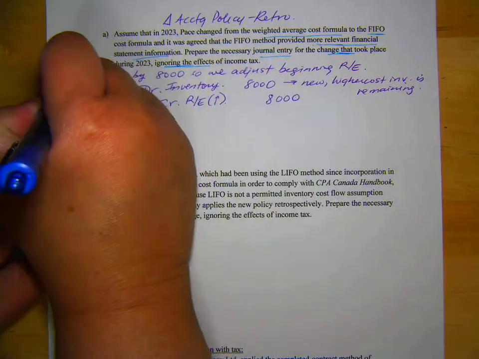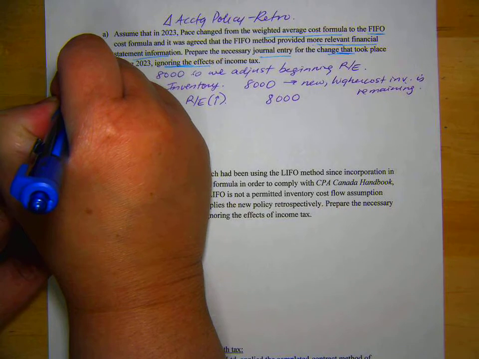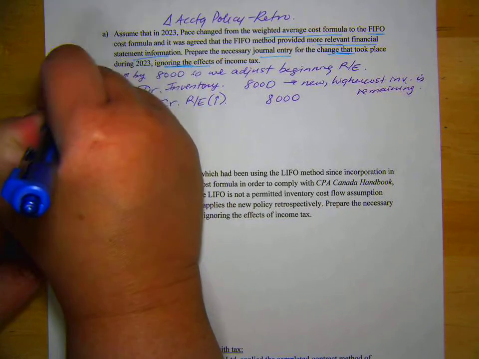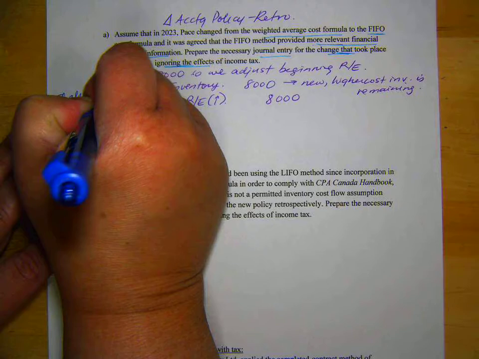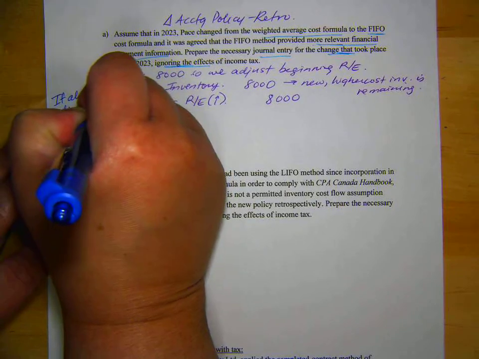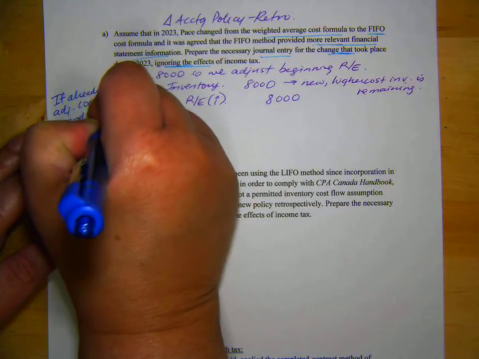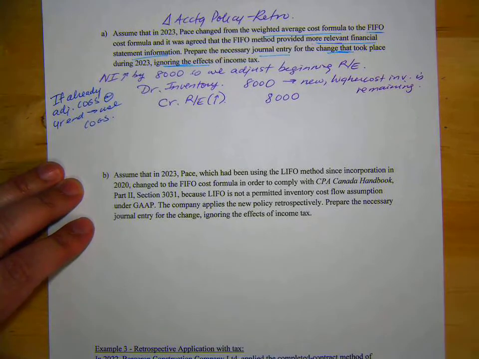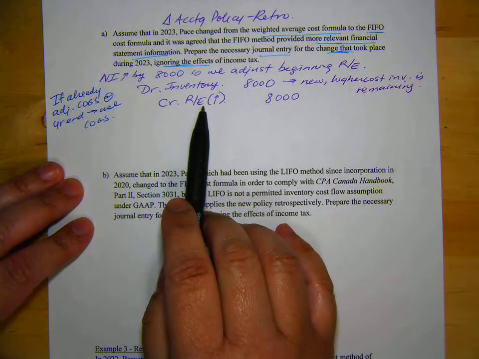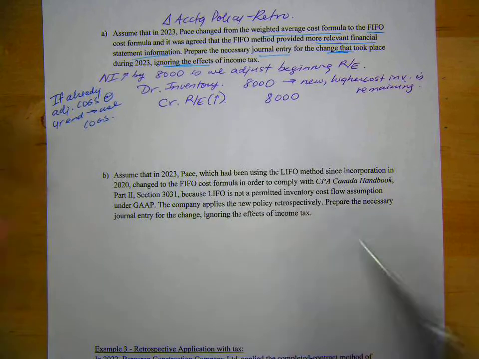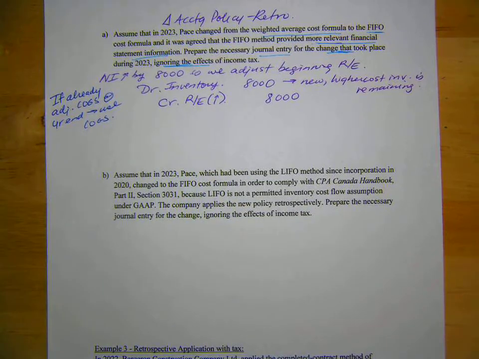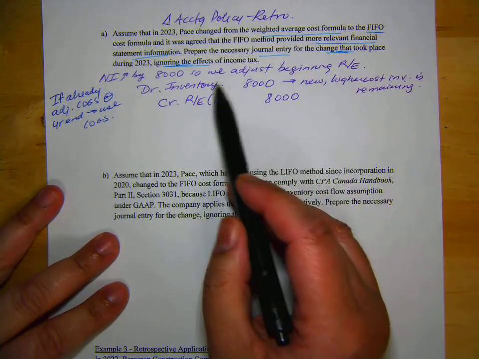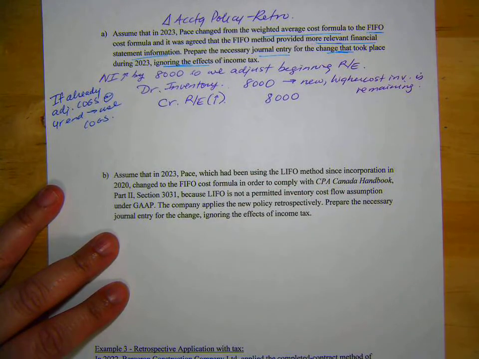But if we already adjusted cost of goods sold at year end, use cost of goods sold. Okay, so the key thing, retained earnings went up because in the past, if we would have used the FIFO, net income would have been higher. So we're going to put that in inventory, which will then get transferred out to cost of goods sold. Okay?